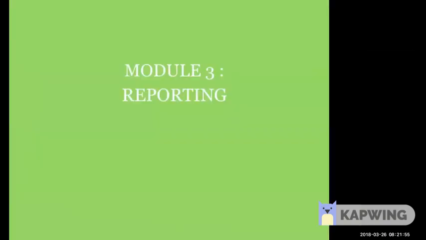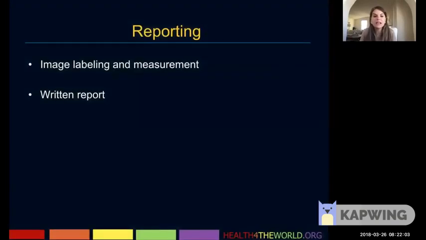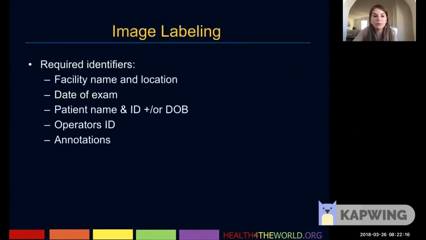And now we're going to move into really the bulk of what I think is very important about reporting and different lesions we're going to see in the breast. So we're going to review how to label and measure images. We do this in two ways: in our report and on the ultrasound images themselves. And then we're going to go over what we include in our written report.